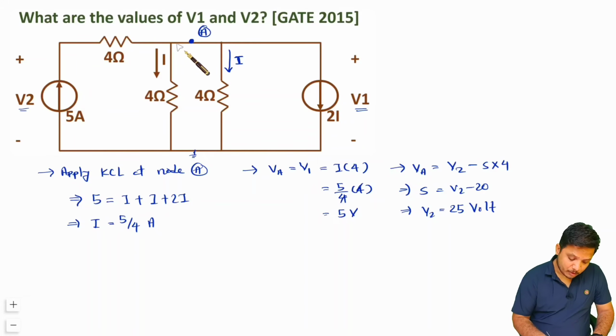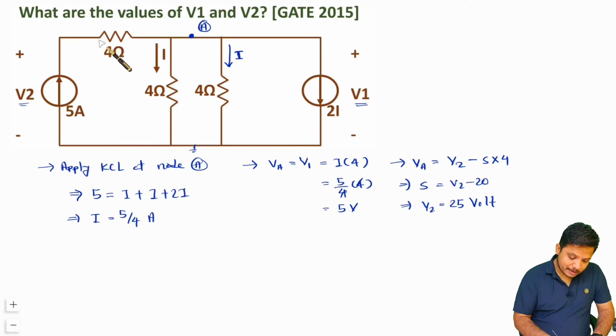Here we have applied the voltage divider idea, where the total voltage VA is V2 plus this term, but this will be negative as the current is in this direction. That's why current into resistance is considered negative.